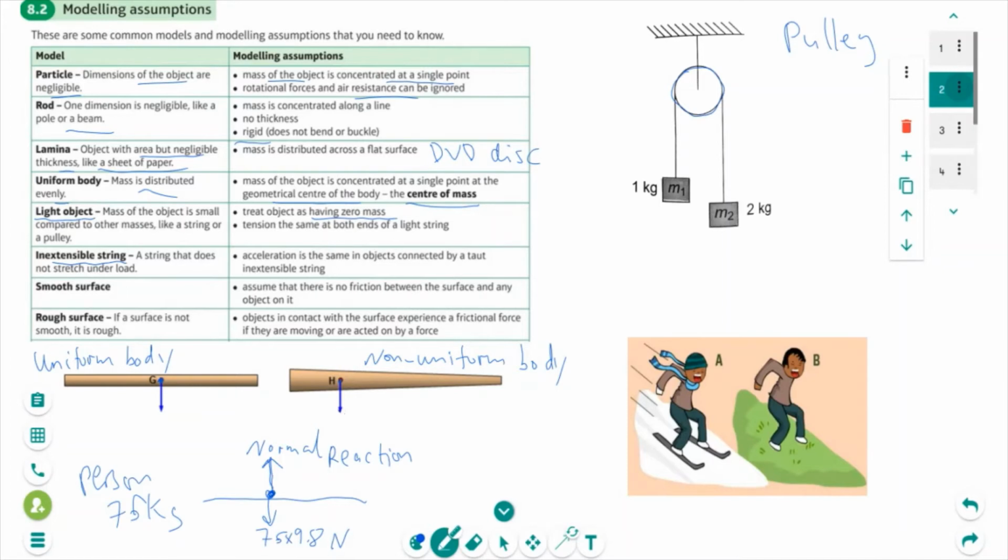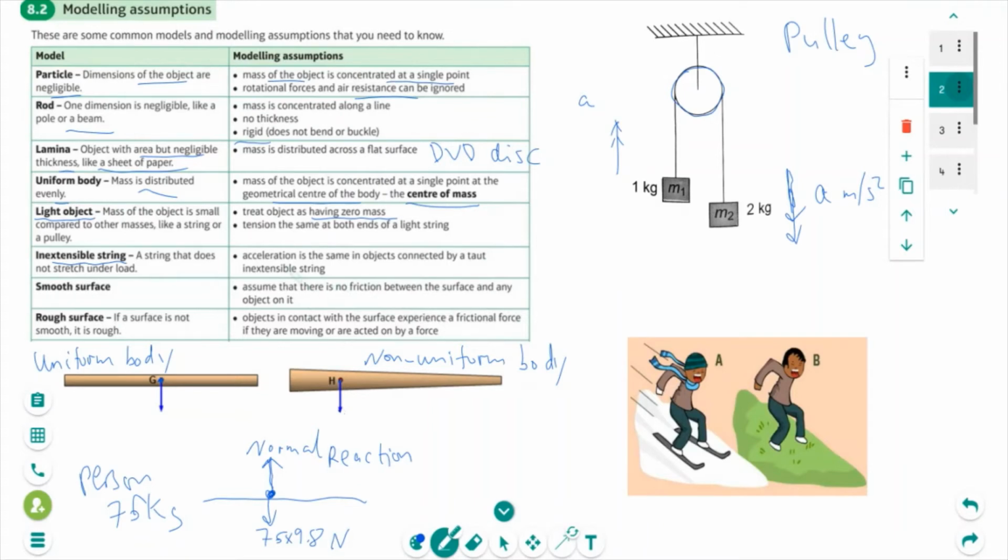Okay, so when you release the masses, this one will go down. I'm going to use letter A for acceleration. So it's going to accelerate at some A, in meters per second squared. But because these are connected, this mass will go up. It will accelerate upwards with the same acceleration.